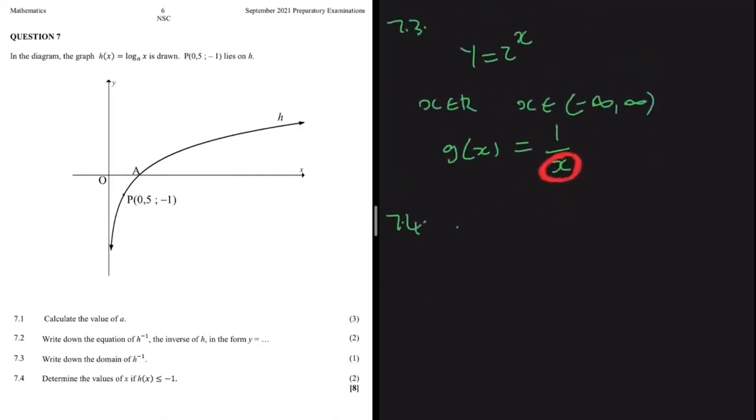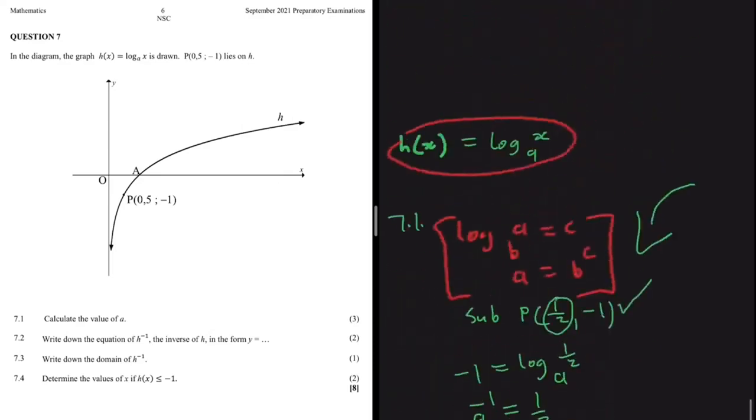So we know that h of x is said to be less than or equal to minus 1. In place of h of x, let's substitute log of x base 2 being less than or equal to minus 1. Again, in this question we're going to apply this rule.